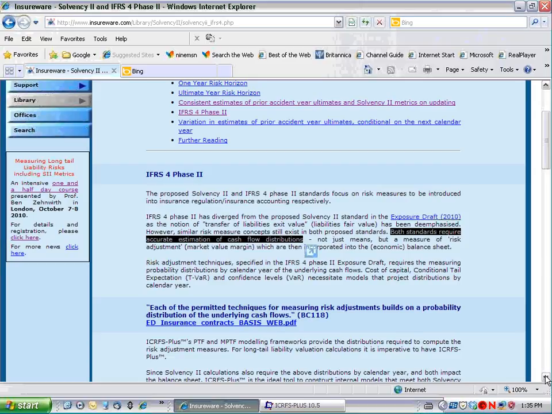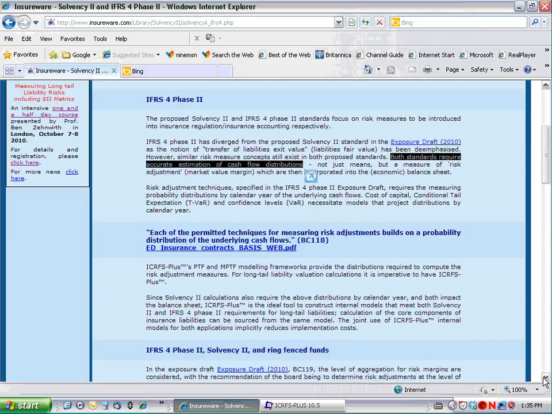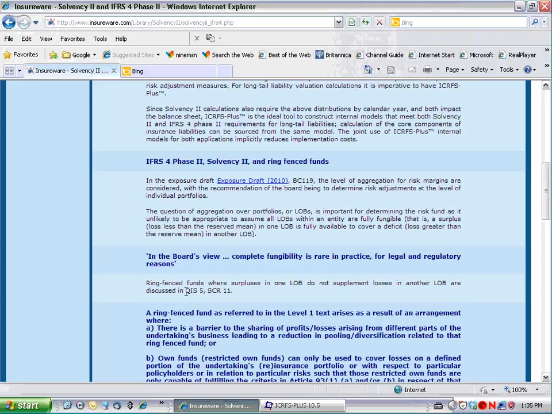Returning to this exposure draft 2010, there is a mention that each of the permitted techniques for measuring risk adjustment builds on probability distributions of the underlying cash flows. The concept of fungibility also comes into QIS 5, SCR 11.